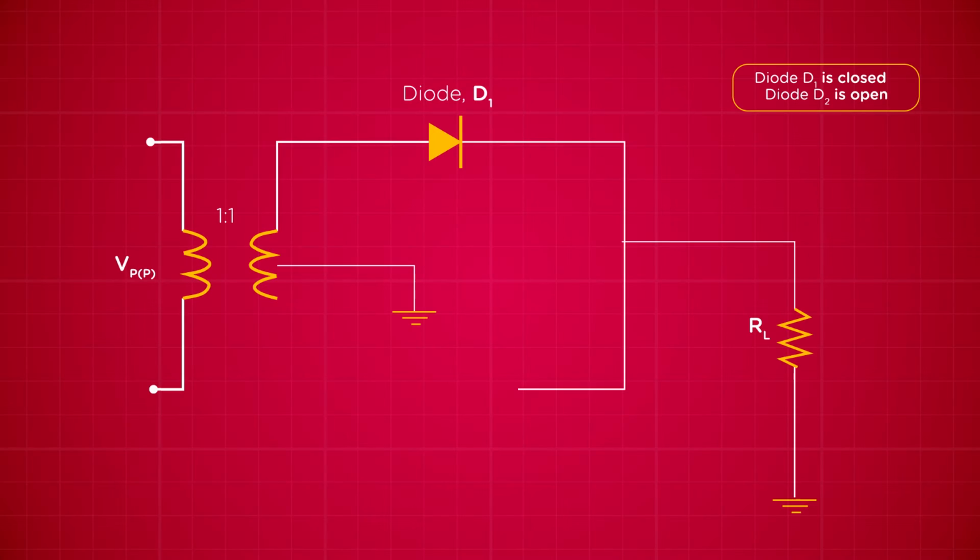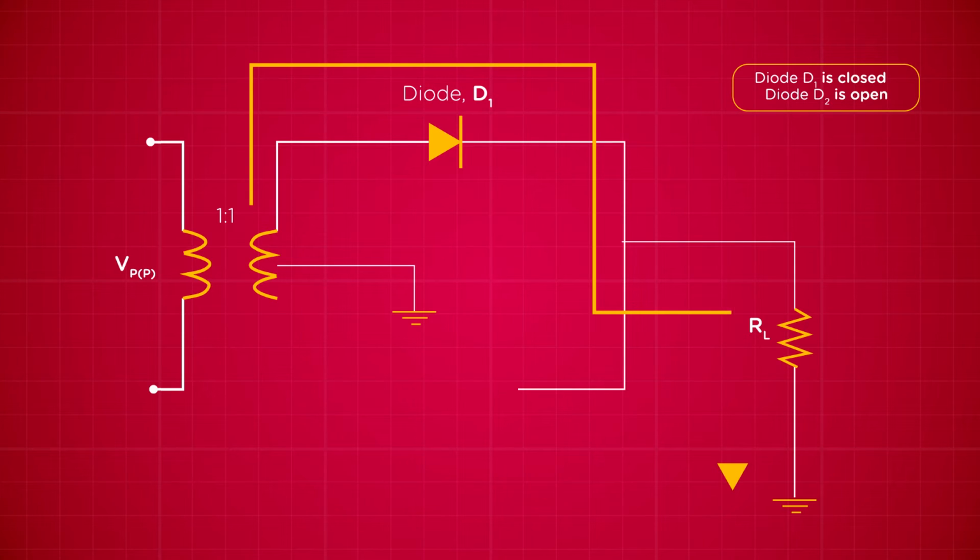Since we have an AC input, we'll analyze each half cycle one at a time. For the first half cycle, the diode D1 is forward biased, while the diode D2 is reverse biased. This will short D1 but open D2, and since we're using a center tap transformer, we'll have a signal with half the amplitude of the input source flowing through the diode to the load.